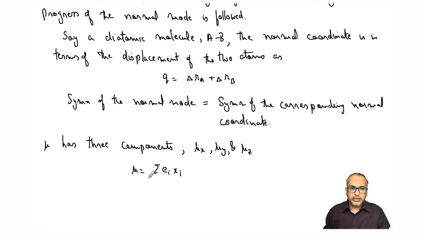So you have the summation of e_i x_i, the summation of e_i y_i, and the summation of e_i z_i. So that's why mu can be expressed as mu x, which is this part, mu y, which is this part, and mu z, which is this part, right?